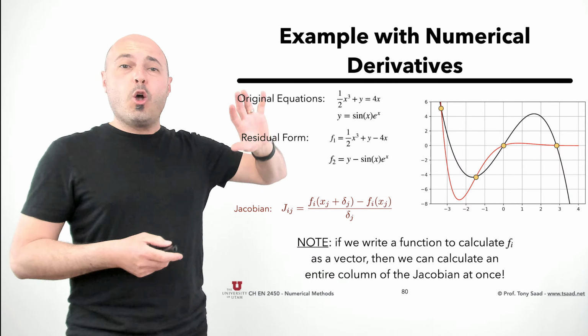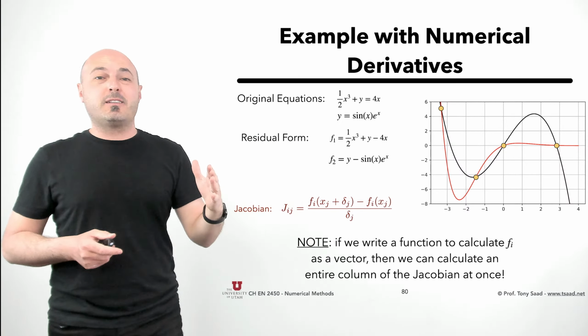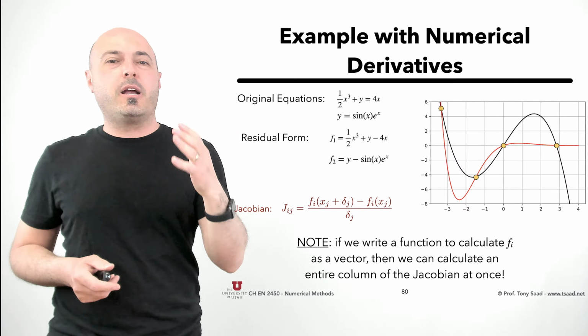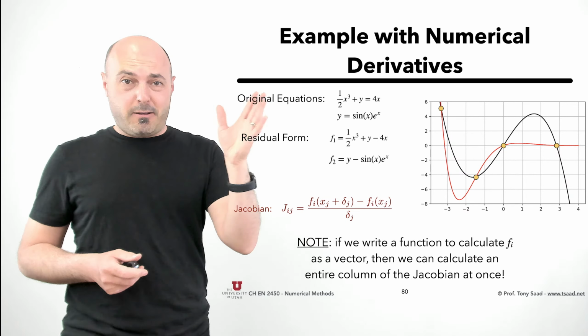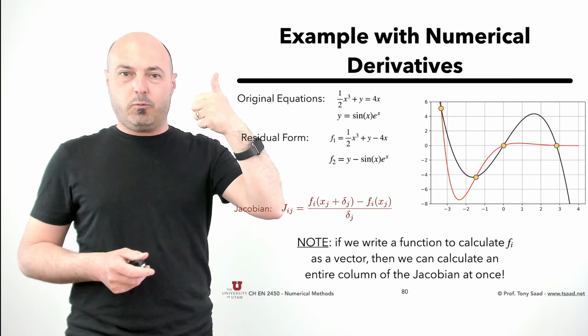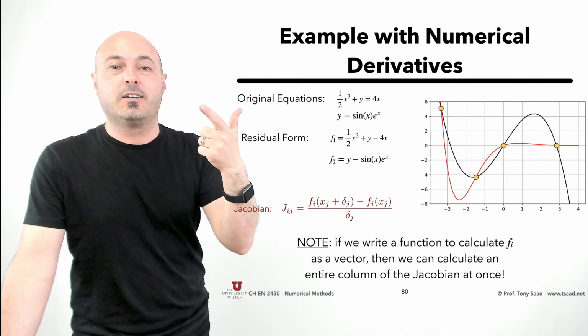Now, all of what I discussed, the great thing is you can use it with fsolve. With fsolve, which is the built-in SciPy nonlinear solver, previously we gave it one single-valued residual function and a single initial guess, correct?